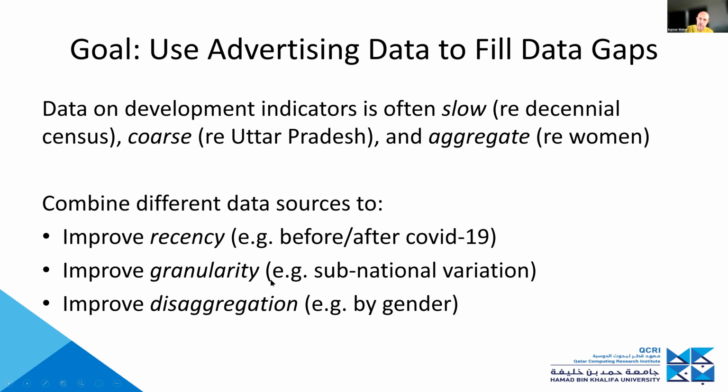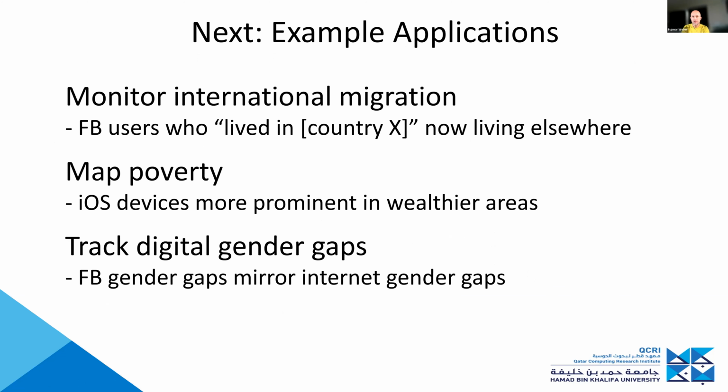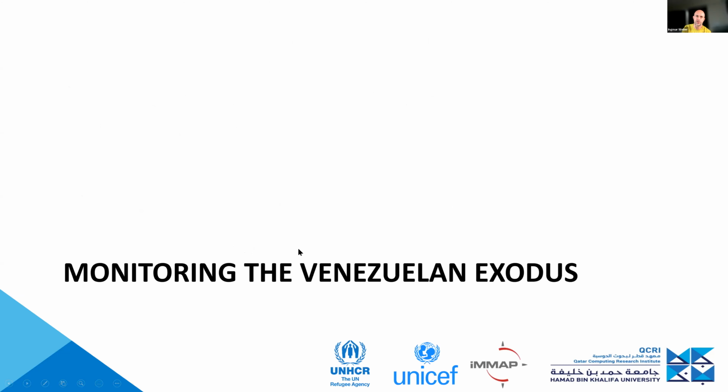Also in terms of spatial resolution, you can look at subnational variation, and I have examples of that. And last but not least, in terms of having demographically disaggregated indicators, for example, related to poverty. So the rest of the talk will look at 3 examples, one related to international migration, one related to mapping poverty, and one looking at digital gender gaps.